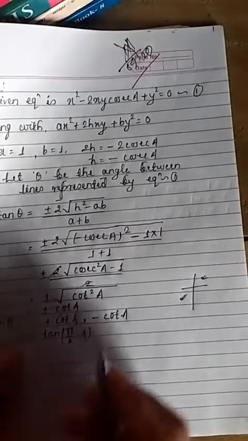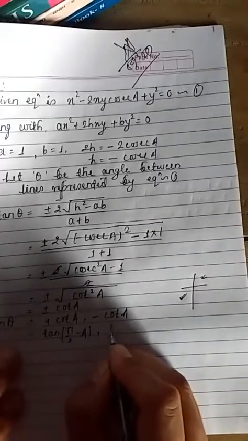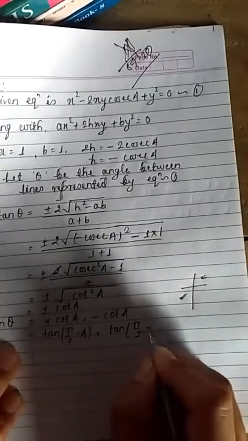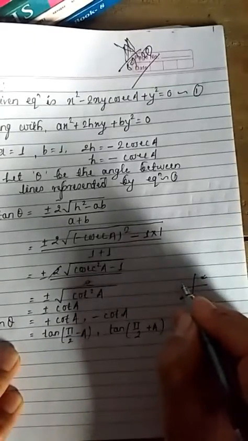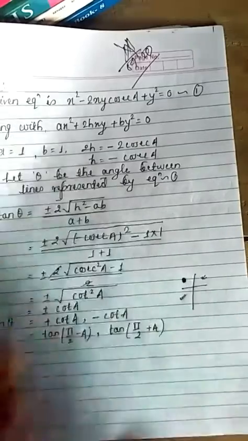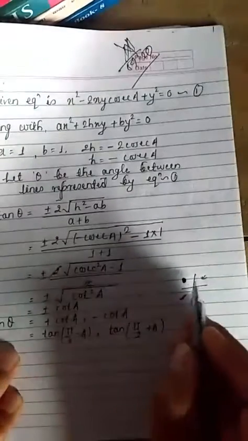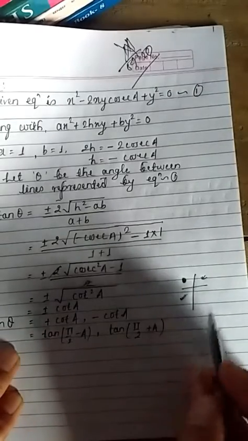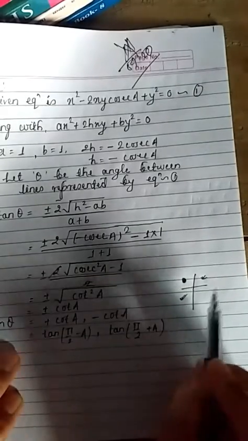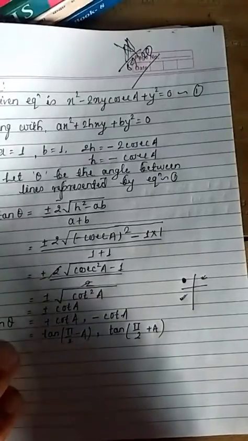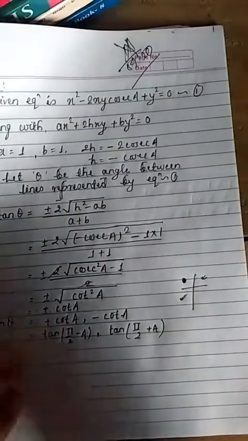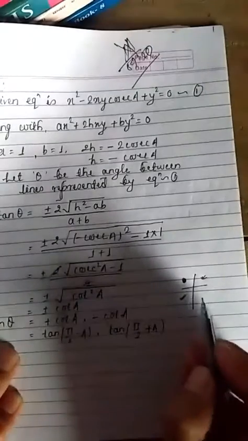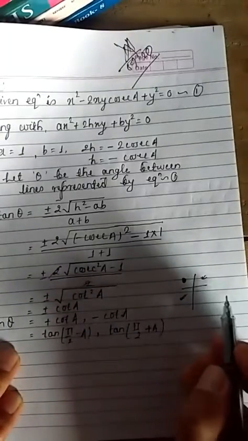We studied this in class 9. And for the negative part, we use tan of pi by 2 plus a, as tan is negative in the second quadrant, which is 90 degree plus theta. We don't use the 270 quadrant because in our question it is not asked like that. We have to prove pi by 2 plus minus a, so we are not going to this part, 270 plus theta.